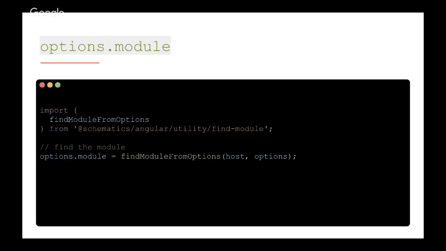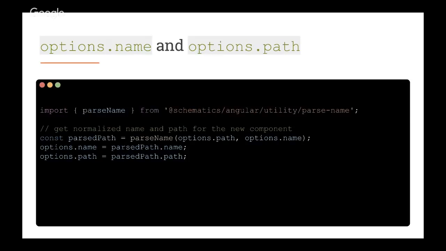Once it finds that module, it adds that class into the declarations array and imports it as well. So we're going to use another helper function from the Schematics Angular utility directory called findModuleFromOptions. We'll give it the host and all of the options that we've got so far, and that's going to return the module for us.